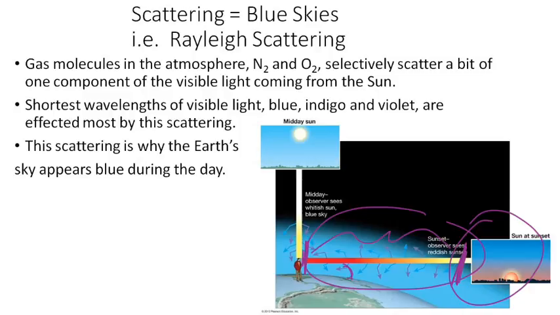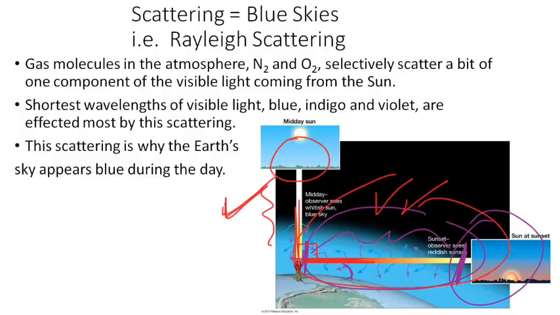If we compare that to the sun being high, having a large angle with the horizon, a 90-degree angle, then this is how much of the Earth's atmosphere it has to go through. I guarantee you that this red is less than this purple down here. This is a lot more of the Earth's atmosphere for the light rays from the sun to come through.